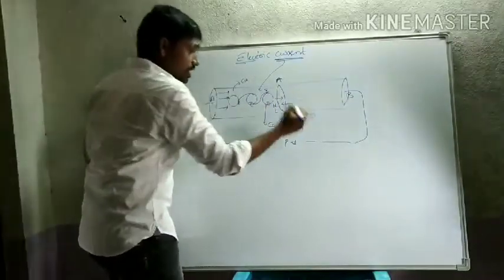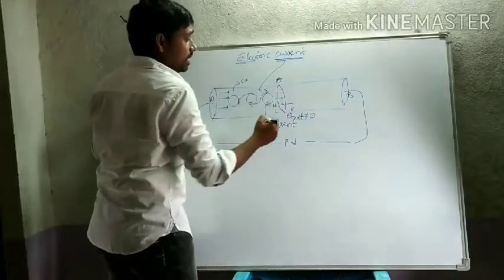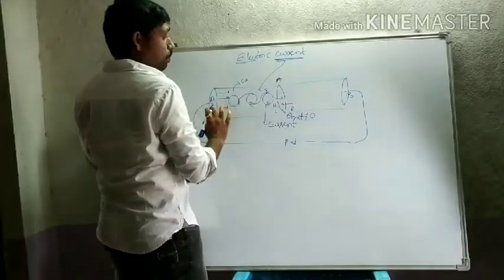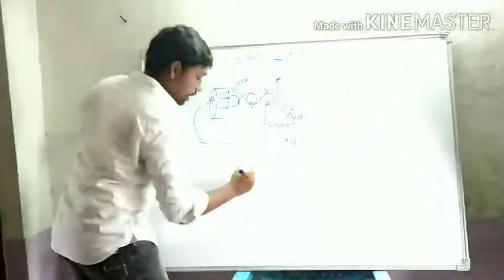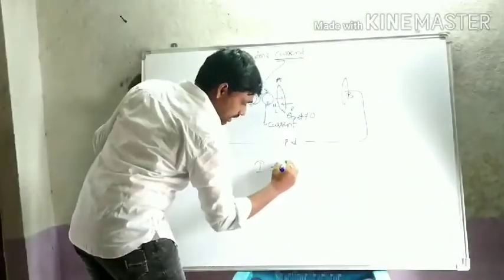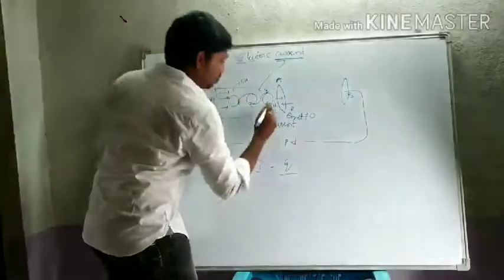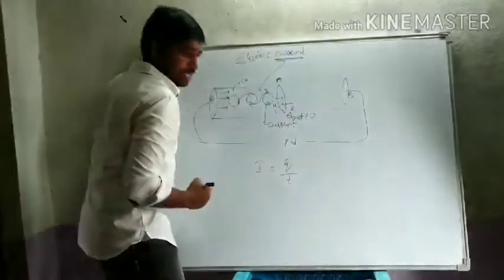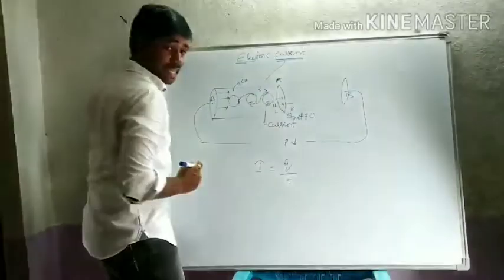If the net charge is not equal to 0, then we can say that some current is traveling from point A to point B. That is, I is equal to the net charge Q crossing through the cross-section area in a time t, and we call this the electric current.